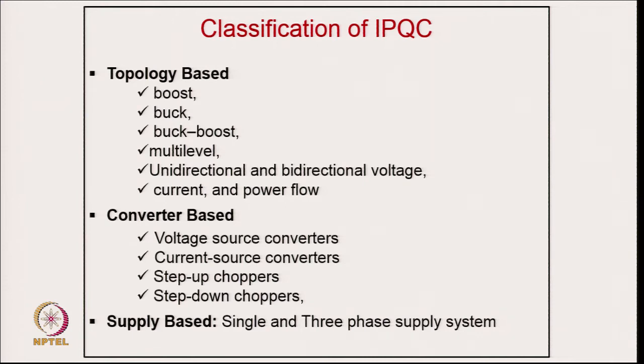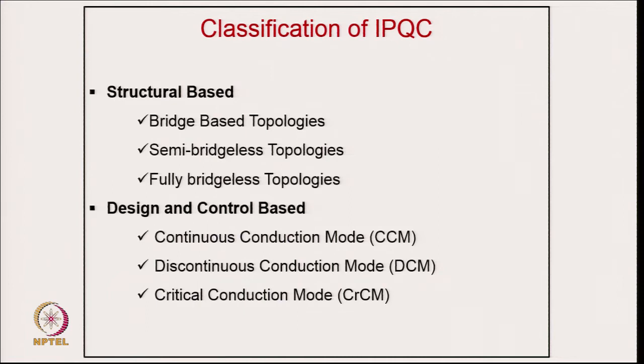Another classification is supply based, single phase and three phase converters. Another structure based configuration can be bridge based topology, semi bridgeless boost topology, or fully bridgeless topology. And of course, design and control based classification is whether these converters are designed for continuous conduction mode, discontinuous conduction mode, or critical conduction mode.